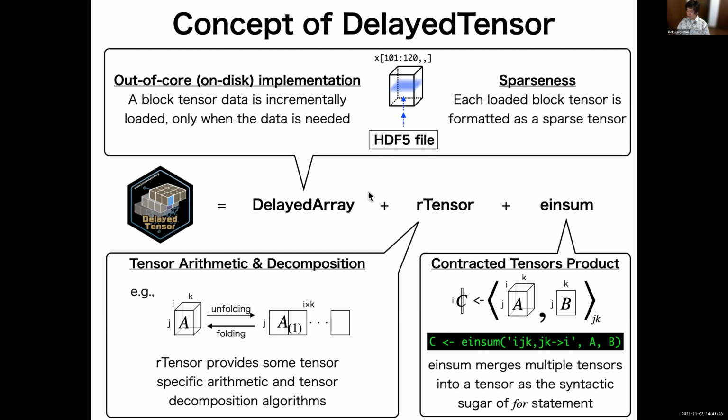This feature is achieved by using another package, DelayedArray. In DelayedTensor, some functions of the rTensor and einsum packages are re-implemented for the DelayedArray framework. rTensor provides some tensor-specific arithmetic and tensor decomposition algorithms, and einsum merges multiple tensors into a tensor as the syntactic sugar of for statements. Using DelayedTensor, we will be able to perform many tensor arithmetic operations and tensor decompositions, even if the tensor data is extremely large.